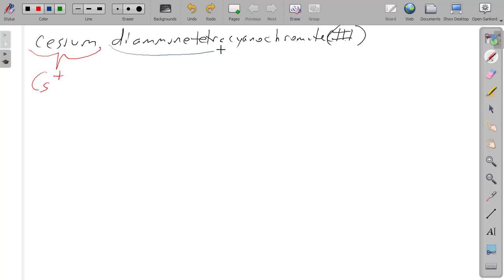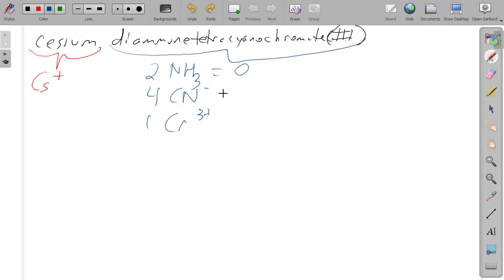Inside of here, then inside of the sphere, we have 2 NH3s, we have 4 cyanos, which are 1-, and then you have the Cr, which is 3+. All right, so let's find out overall charge here then. This is 0, this is 4 minuses, and this is 3 pluses. Therefore, we end up with 1- overall, so we're only going to need one of those cesiums then.